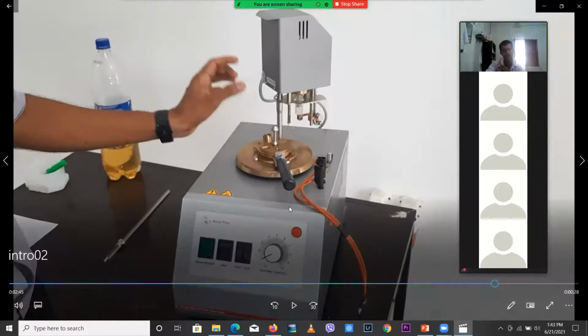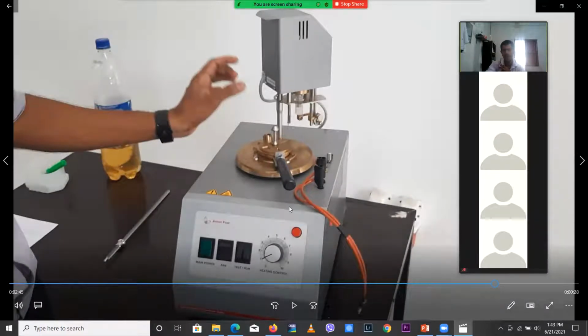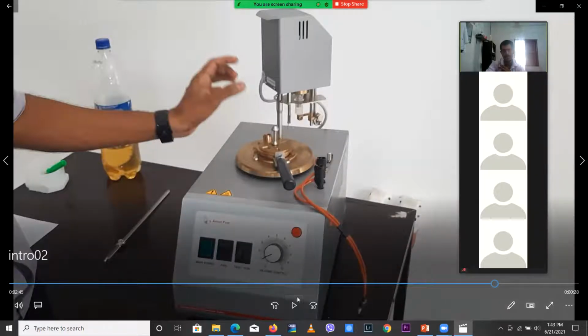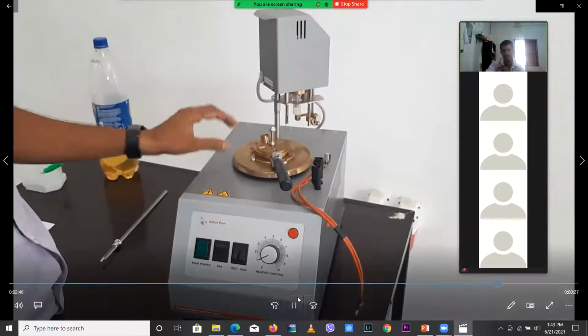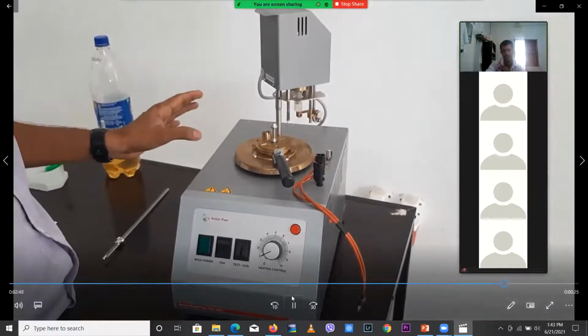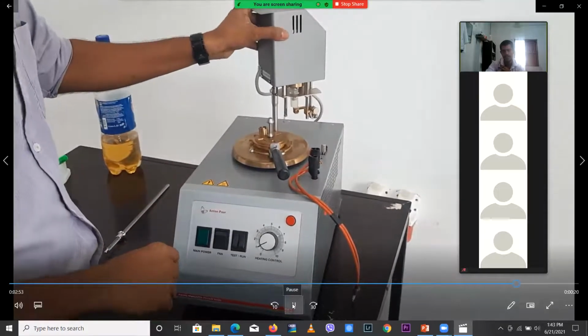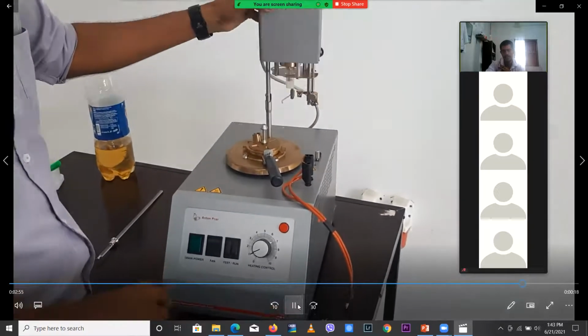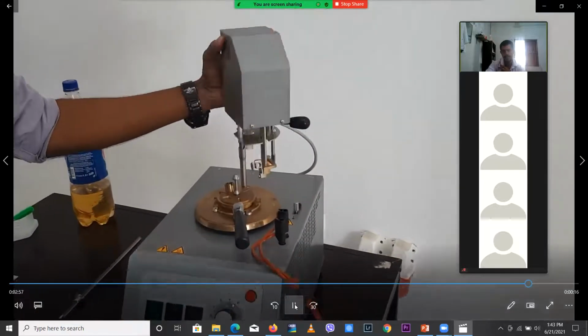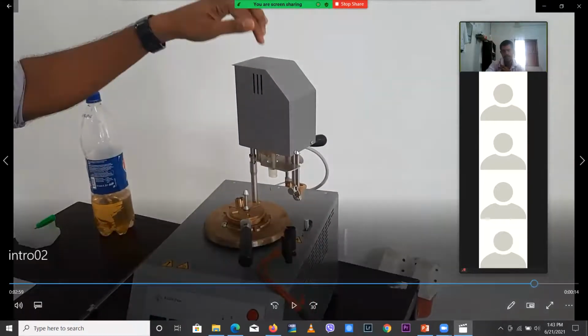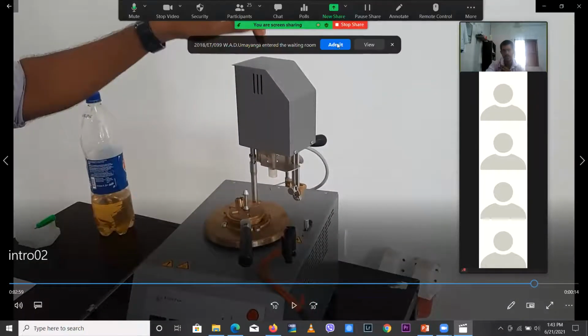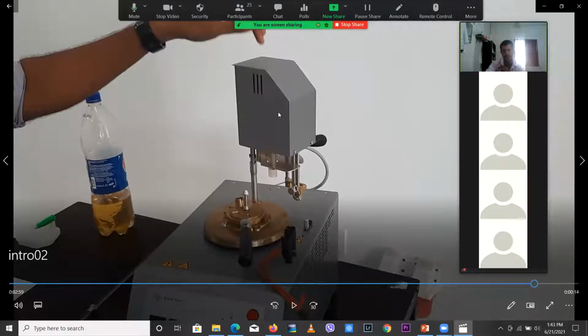Now finally we have filled the sample, and we have to fix the cup on the operator, right? And then after fixing this cup, we have to fix this motor part.